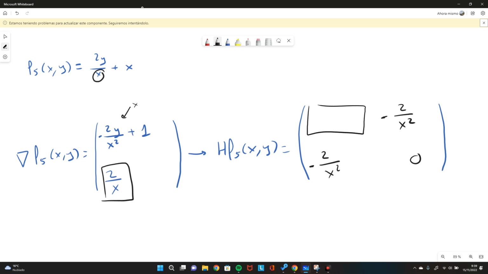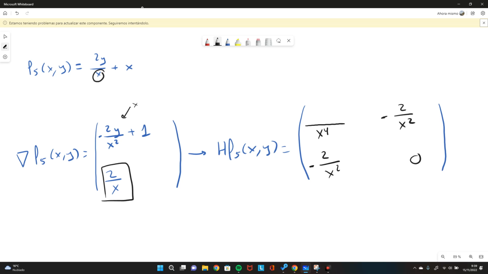In this case, again, there is a quotient. In the denominator we have the variable we are performing the derivative with respect to. So this is x to the power of 4.